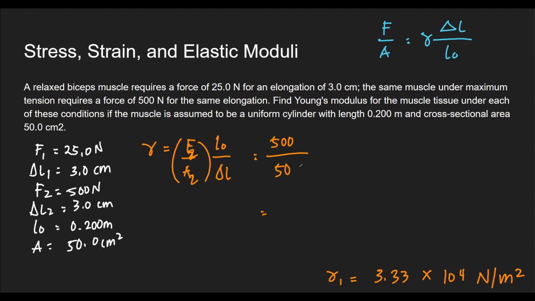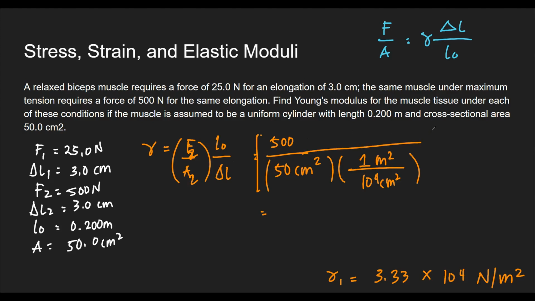Again, 50 cm squared. I'm just going to put the units here so that you know how to convert. So 50 square cm multiplied by, in 1 square meter, I've got 10 to the 4th square cm. Multiplied by my L naught, which is said to be 0.2 again, all over delta L, which is 3.0 cm, and in 1 m I've got 100 cm.